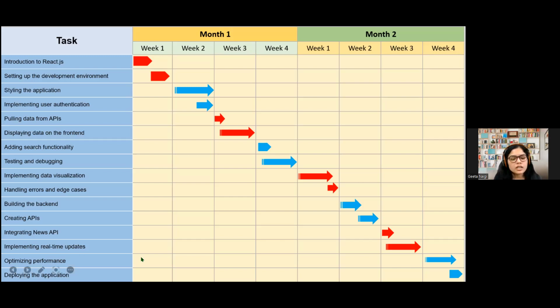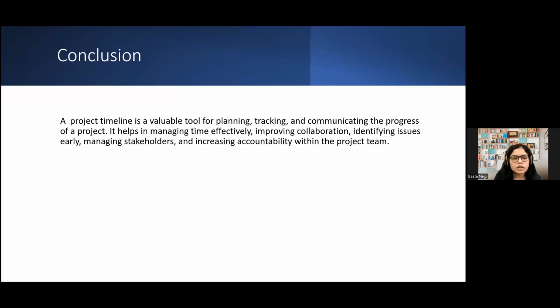Then on a last week, I will use techniques like code splitting, lazy loading, and caching for optimizing performance. And finally, I will deploy my application in a hosting site using AWS or Heroku.